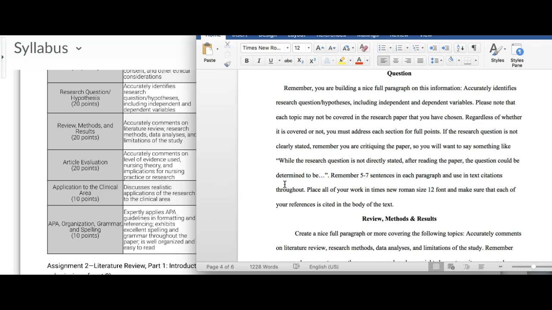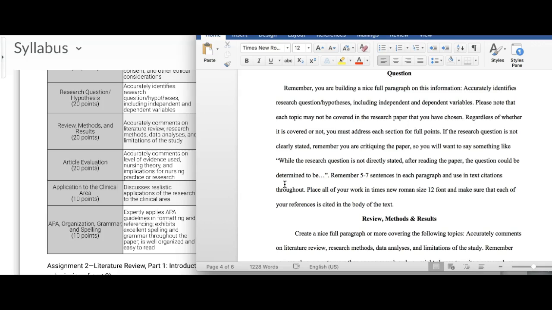And then the research methods used, so you specifically are going to talk about the methodology used by the authors and if they clearly described the methods used. So in this literature review, you should be telling us the overall type of research, qualitative, quantitative, maybe mixed methods, and then the methods they used to complete that study.